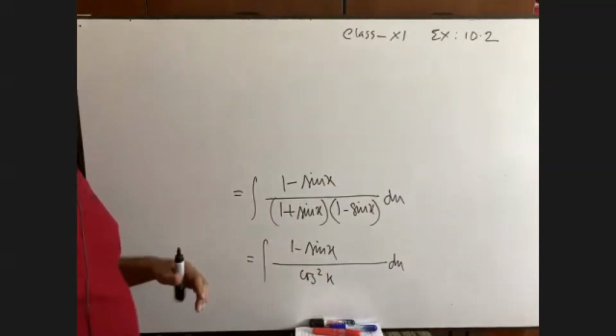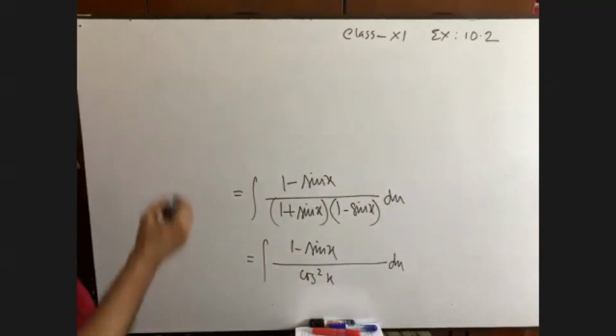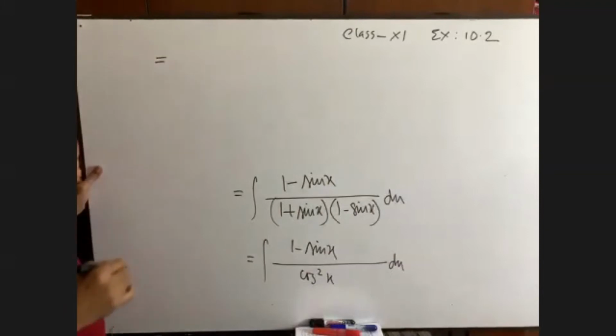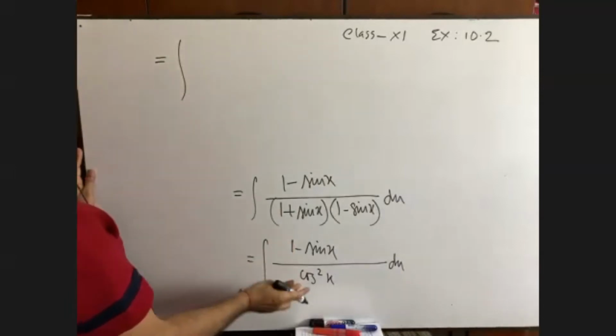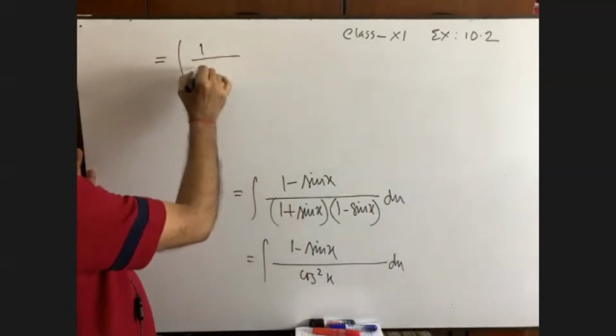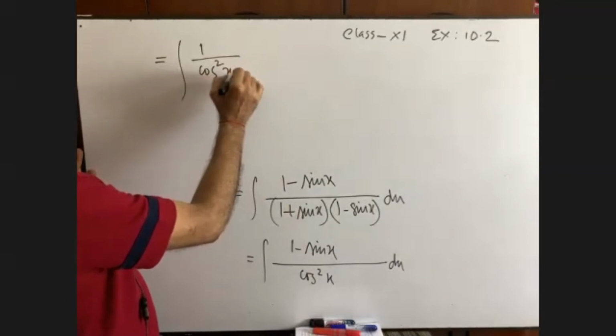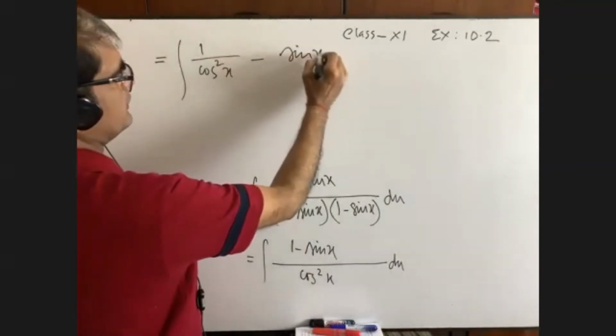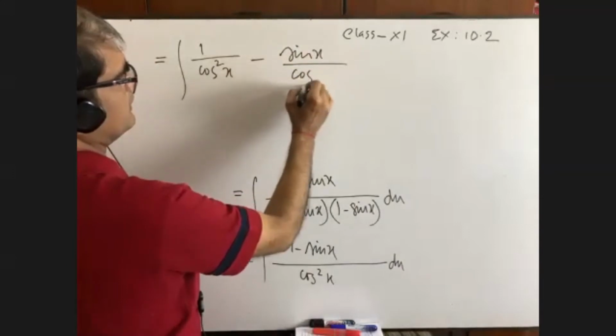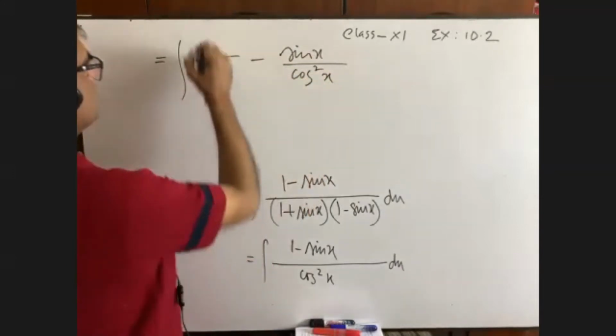Okay, so we can write here, which is equal to 1 by cos square x minus sin x by cos square x dx.